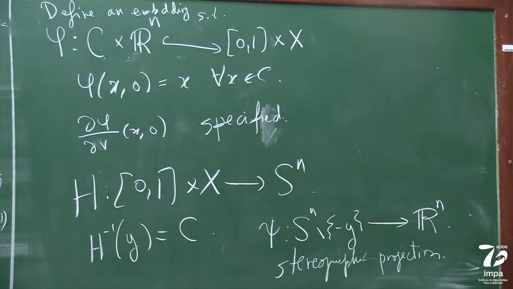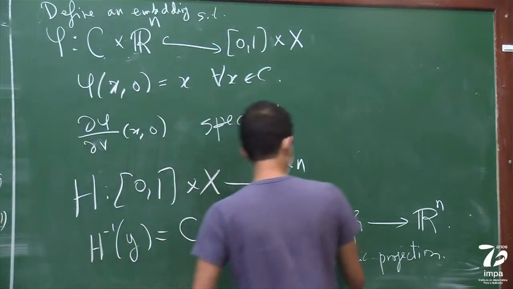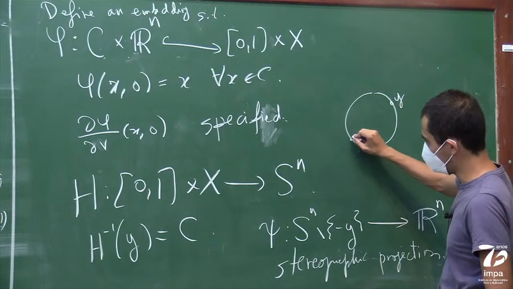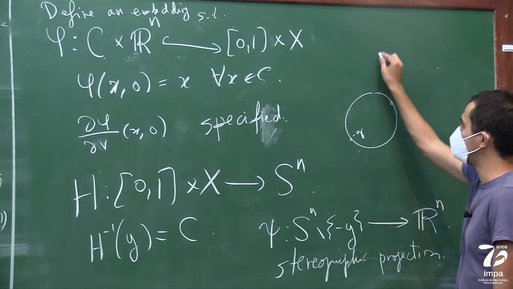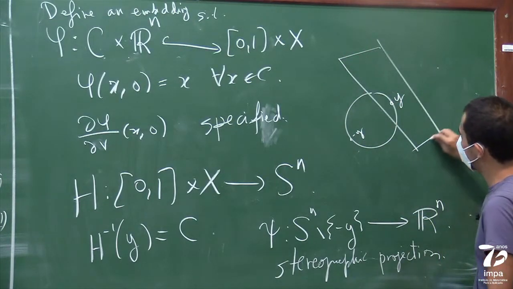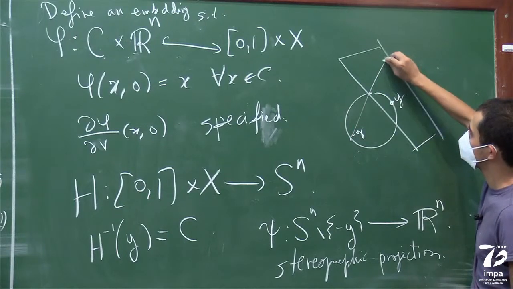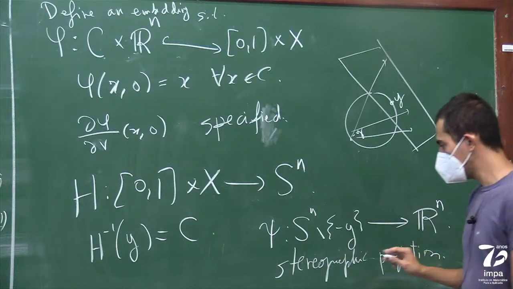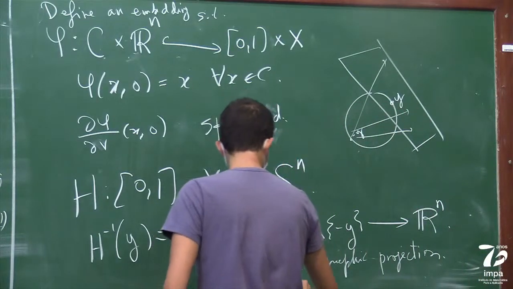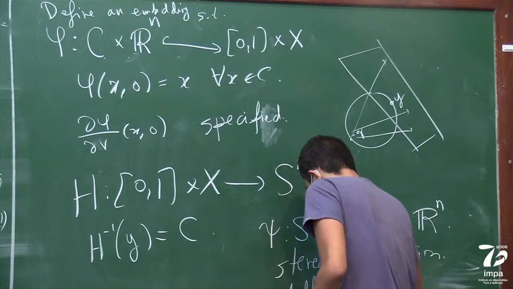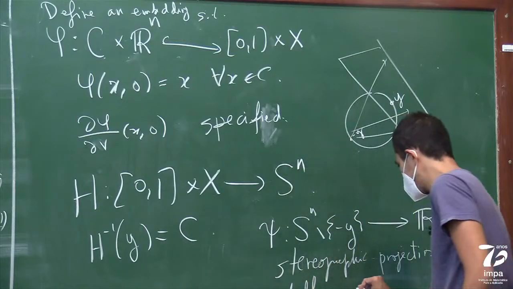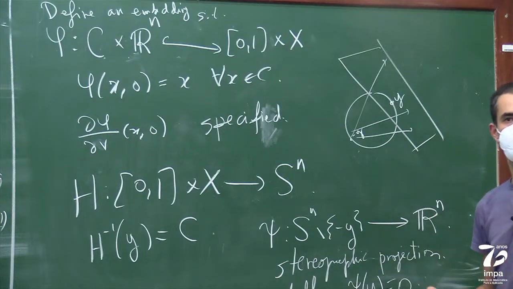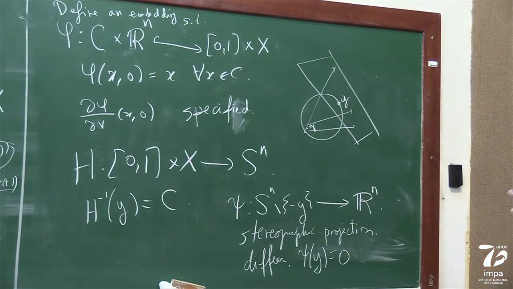In particular, I have my y, and I have my negative y. So what I do is I take a plane that goes through y, and I project like this. In particular, the stereographic projection is a diffeomorphism, and psi of y equals 0. Okay, so that's kind of what I'm going to need.